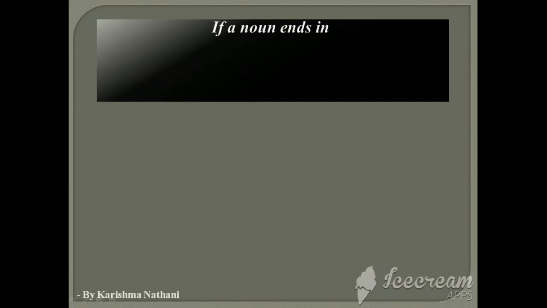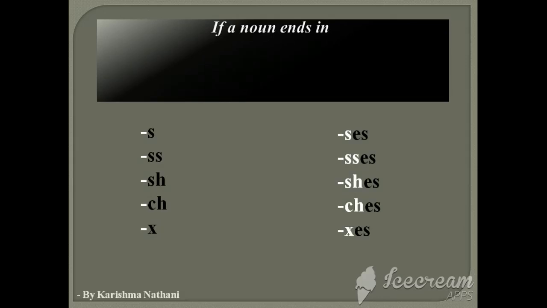If a noun ends in s, double s, sh, ch, x, we will put es to make it plural. For example, s-es, double s-es, sh-es, ch-es, x-es.